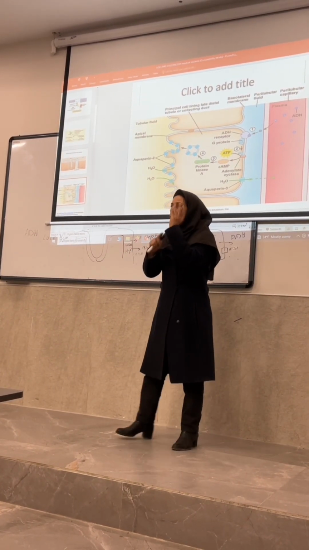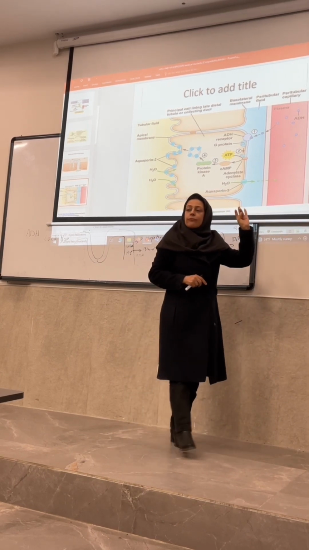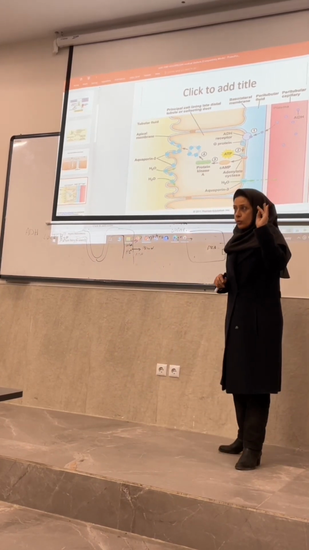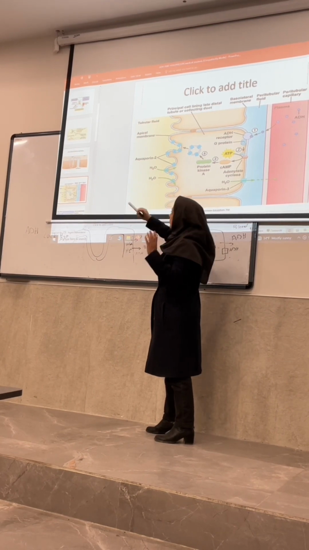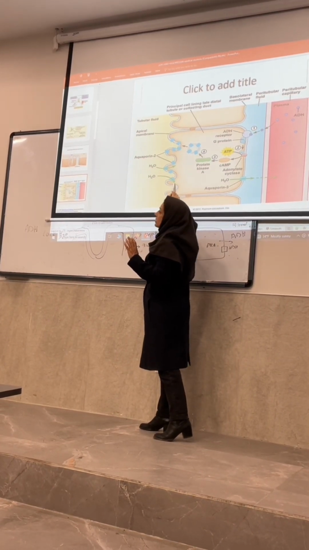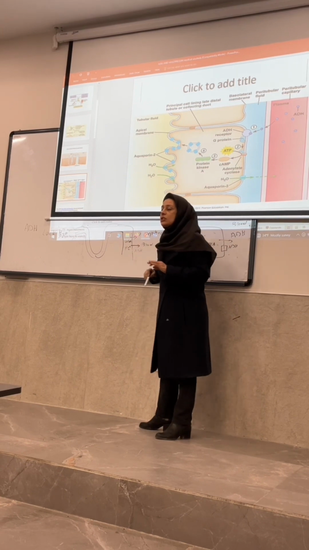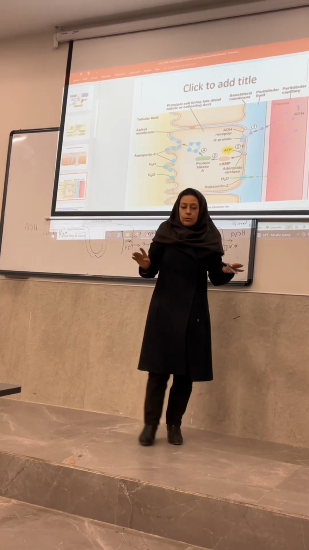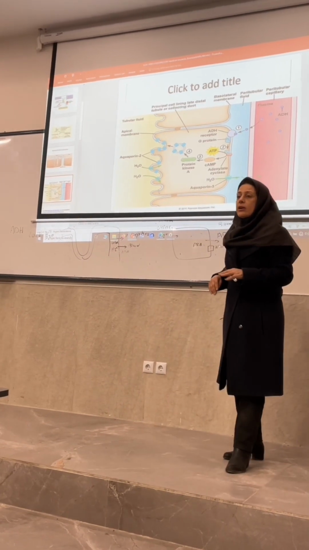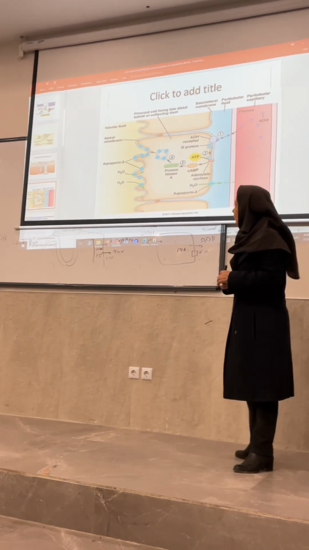So for water, we have two ways of absorption. One is osmosis, directly coming through the lipid bilayer. The other one is coming through these channels, because this channel has aquaporins. Aquaporins are very important right now because they help absorb more and more water.